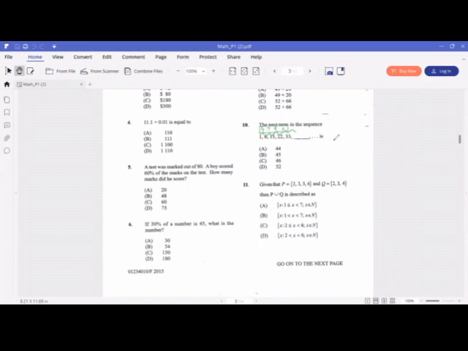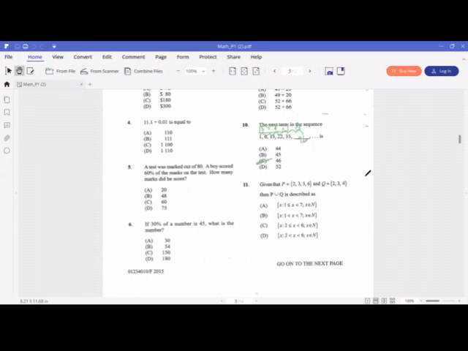So the first consecutive odd number after 11 would be 13. That is the relationship between the previous number and the missing number. So to get that missing number, all I have to do is add 33 and 13. I should get a value of 46. And my answer would be C.